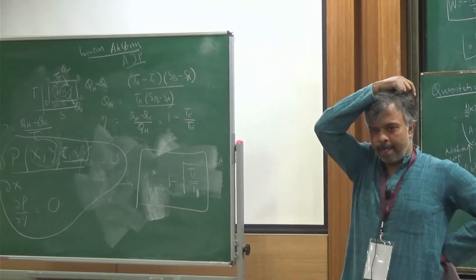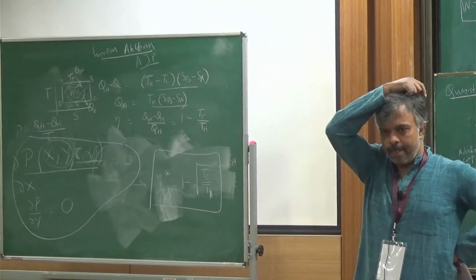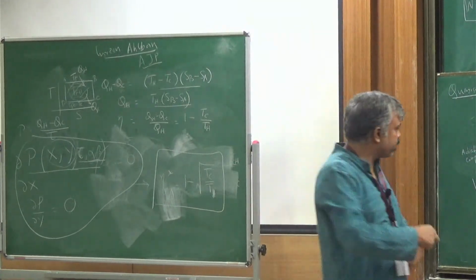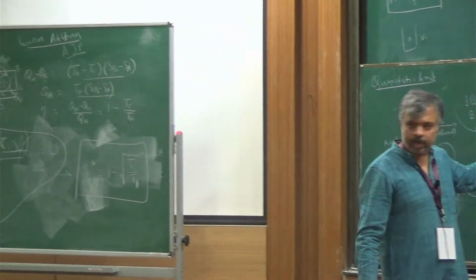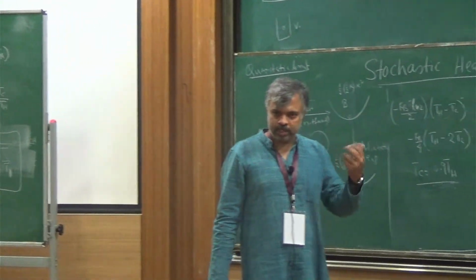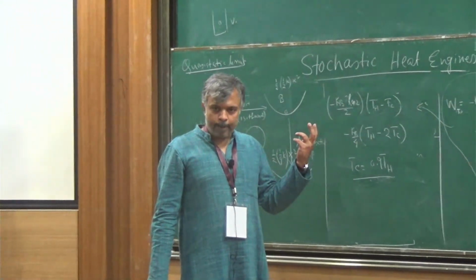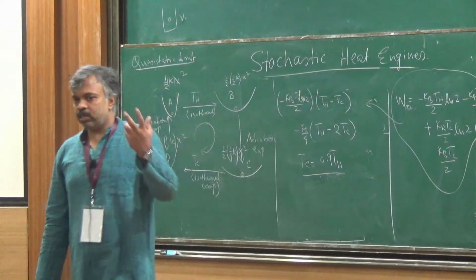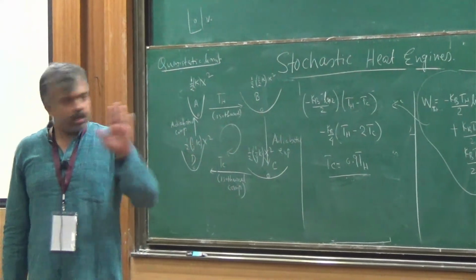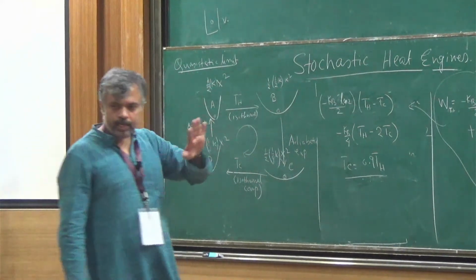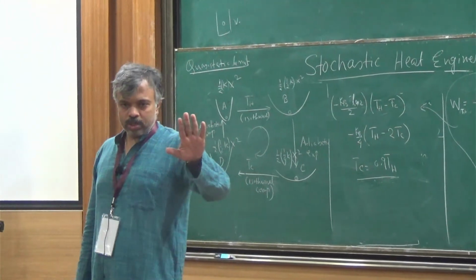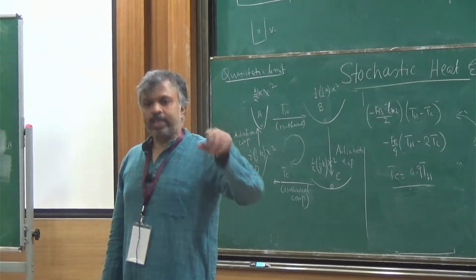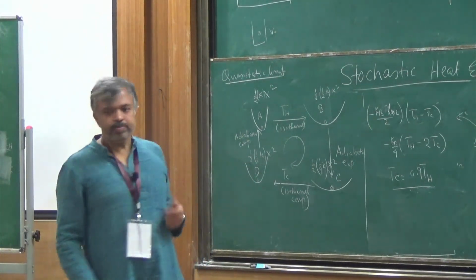Negative work done is extraction, right? We need to extract work, this is the engine. No, it is a convention that the area is the magnitude of the work. It doesn't care about the sign, whether it is extracted or not.